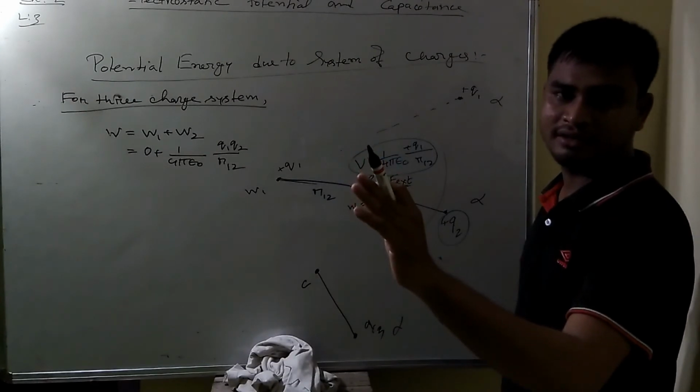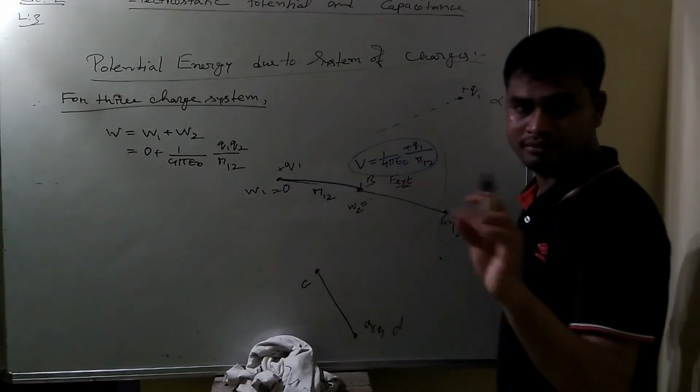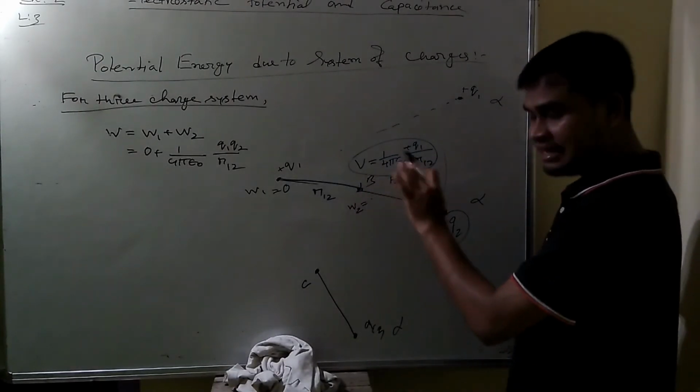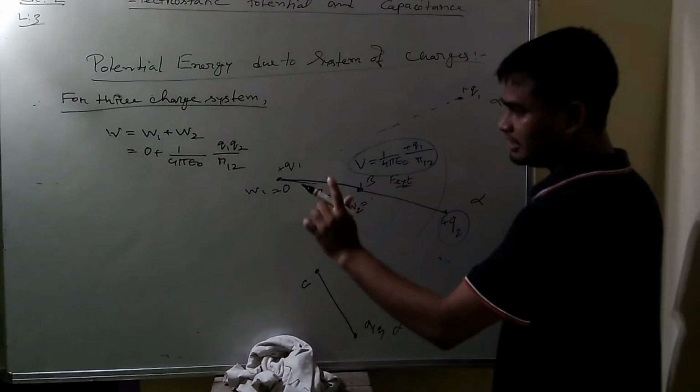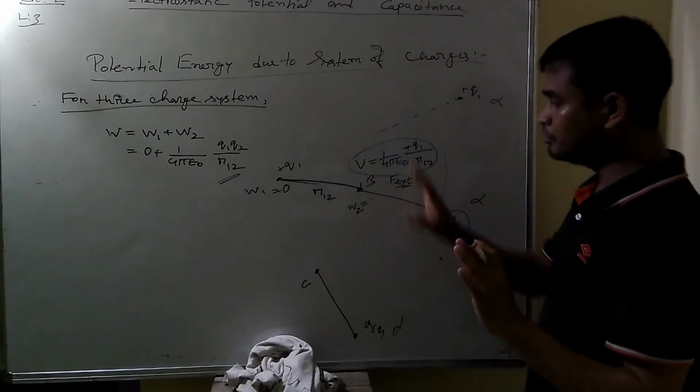No work is needed, therefore W1 is 0. Write that down. Next, another charge Q2 is placed the same way, and the work done is this. Clear? That is for the two-body system.